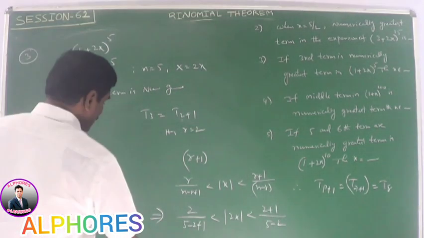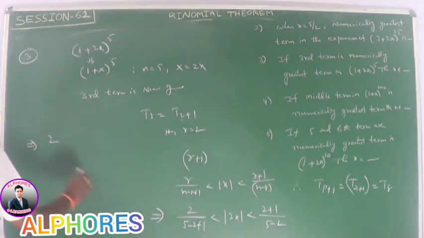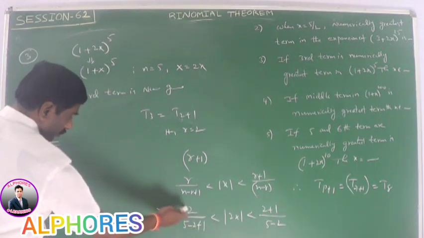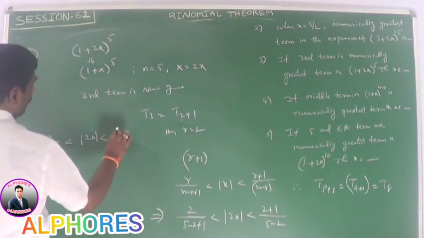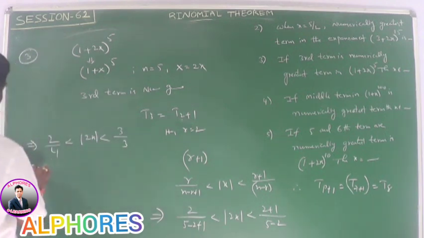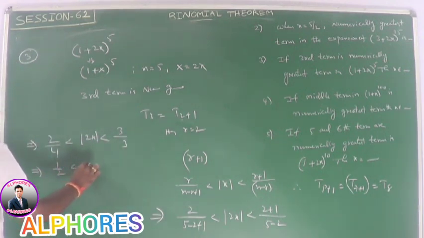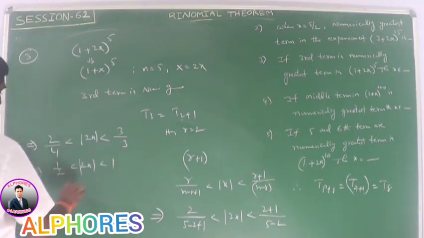That means 2 by 4 less than mod 2x less than 3 by 3. So 1 by 2 is less than mod 2x, which is less than 1.